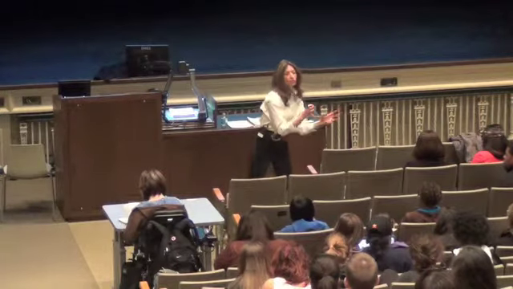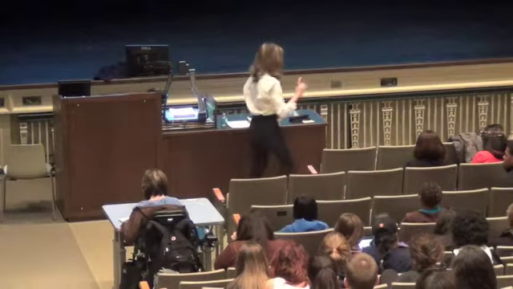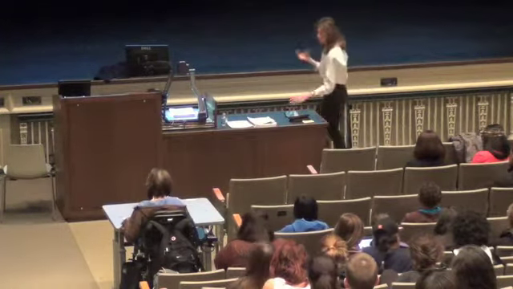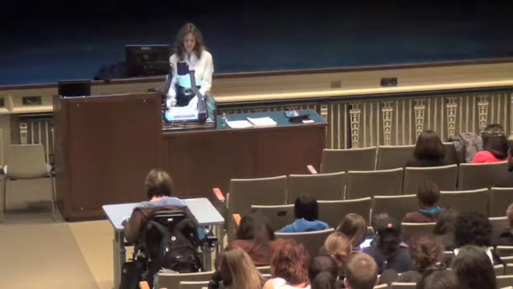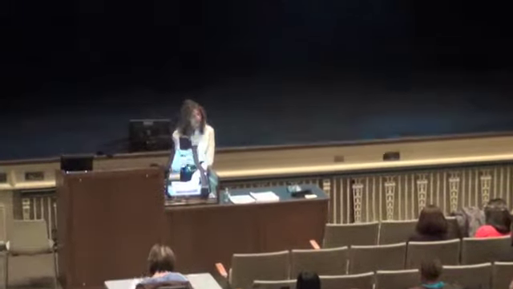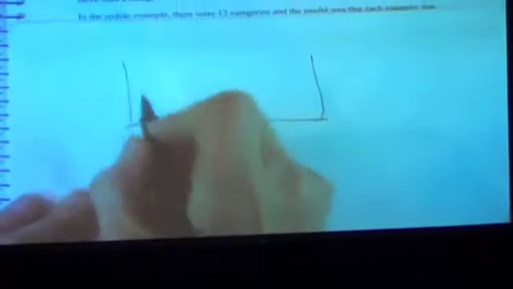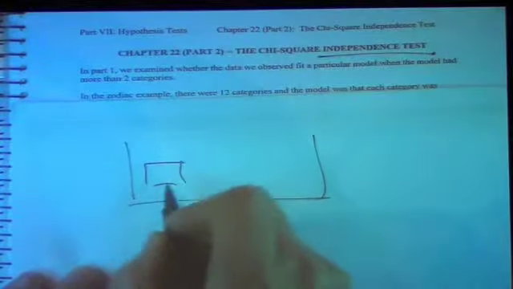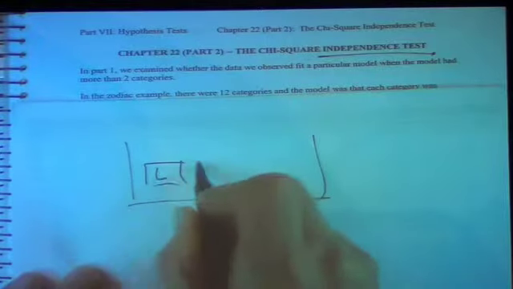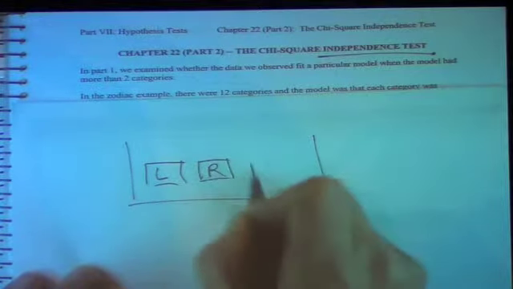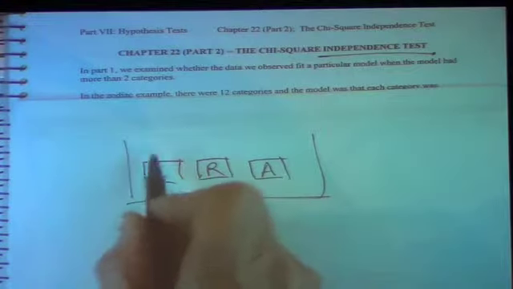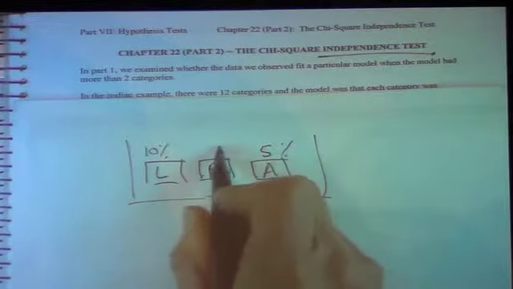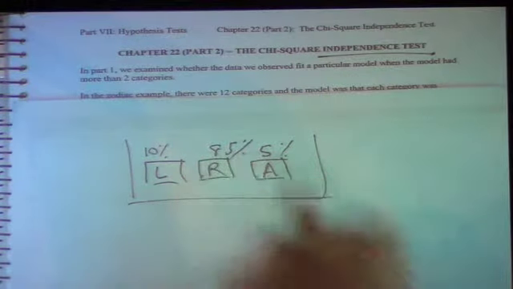This would be a goodness of fit test, where you don't have to write this down, we'd have a box, a goodness of fit, and we'd have a model that we specified, and we'd say, okay, 3 categories: left-handed, right-handed, and ambidextrous. And maybe there really are 10%, 5%, and that would leave 85%. So what would we do?